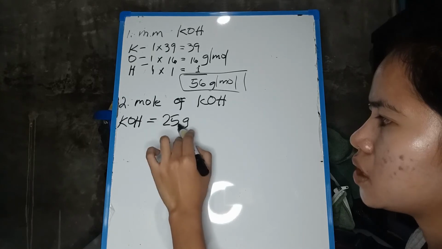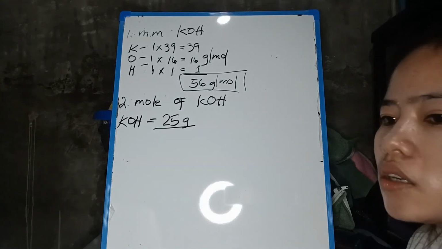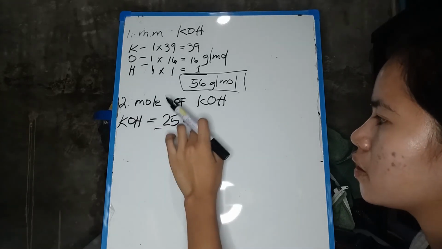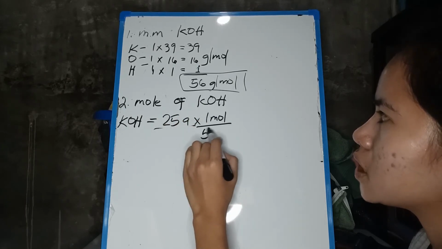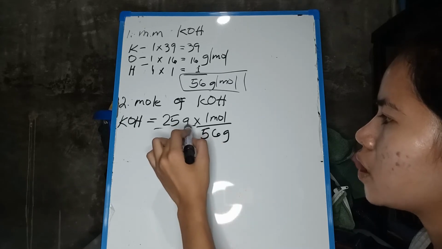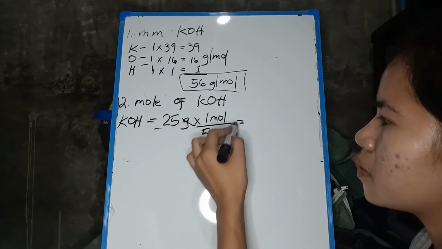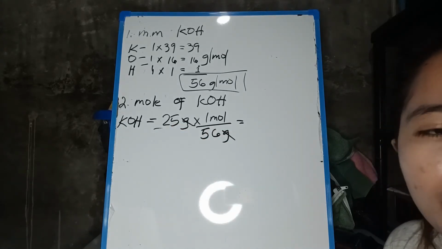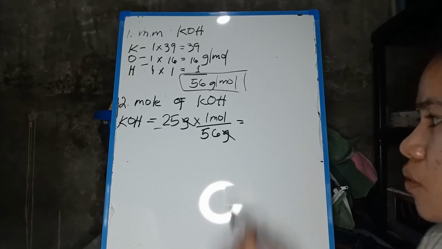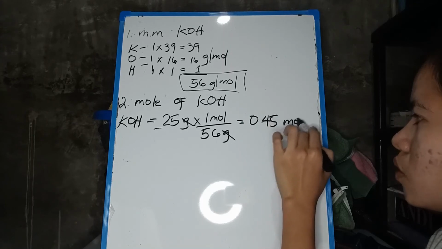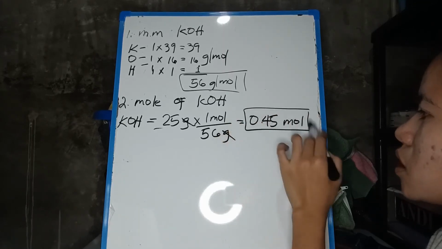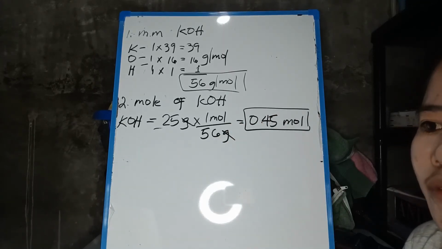Since 25 grams is given, divided by 1 mole over 56 grams. So, we can now cancel out the grams para mabilin ang mole. So, 25 divided by 56 is equivalent to 0.45 mole. So, our mole for this substance is already available.